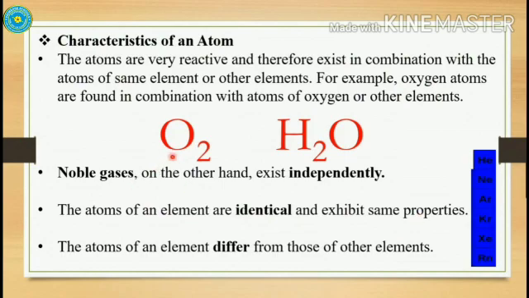For example, the atoms in oxygen are identical and they exhibit the same properties of oxygen. The atoms of an element differ from those of other elements. For example, the atoms present in the oxygen element and the atoms present in the hydrogen element differ from each other.